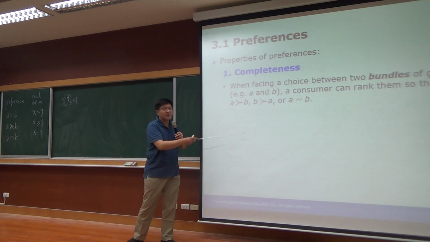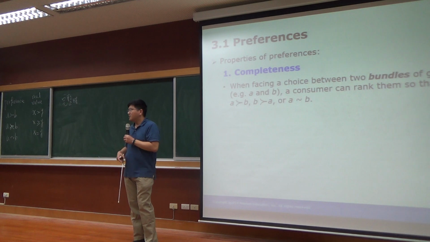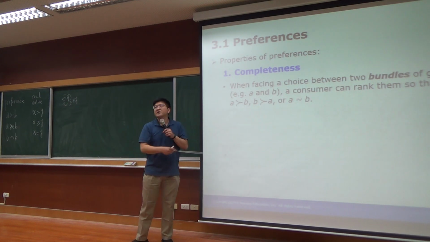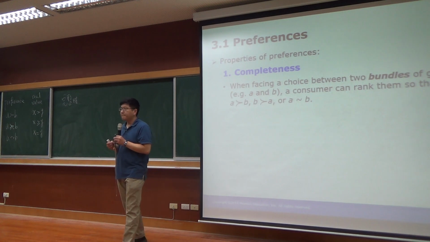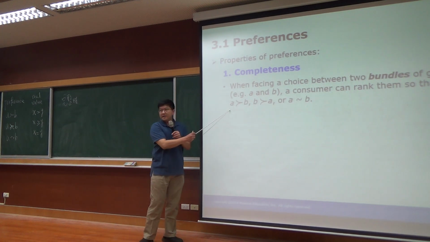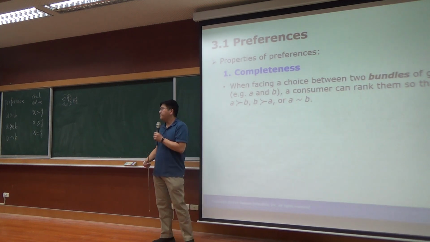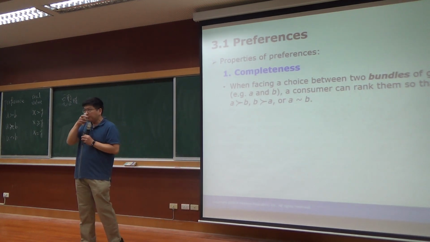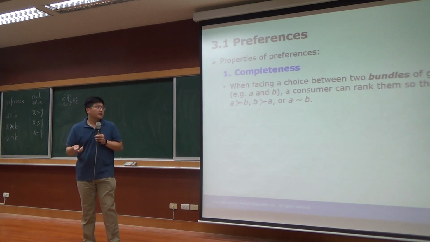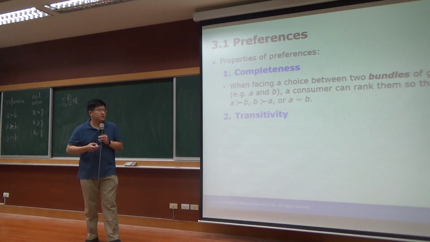You must be able to answer this, which we call completeness. Either A is preferred, or B is preferred, or A and B are indifferent. You must be able to tell the answer.